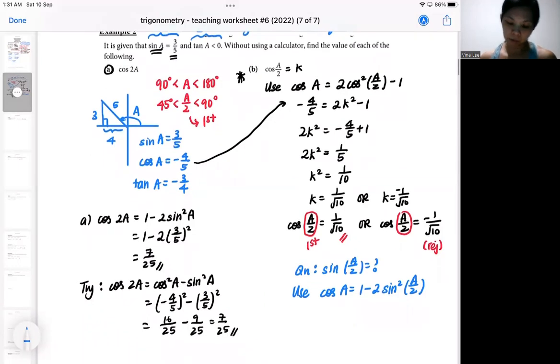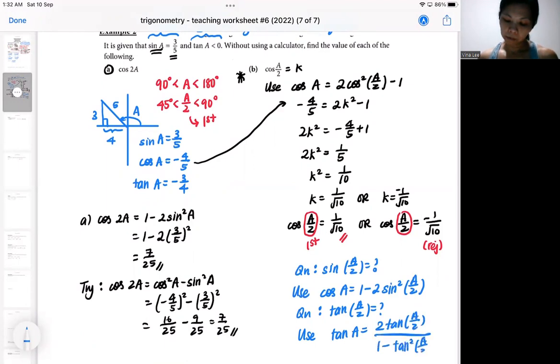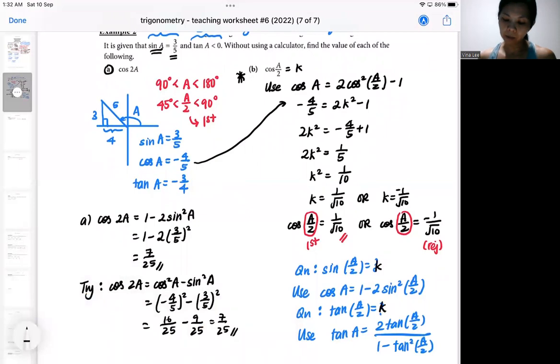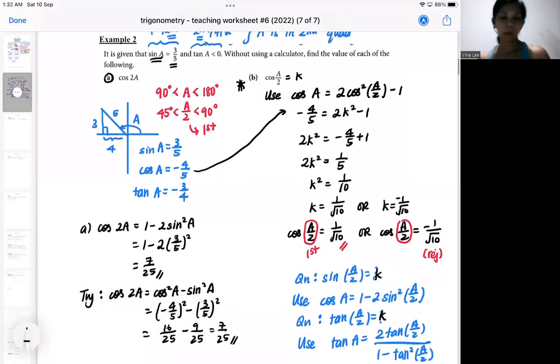If the question asks for tangent A/2, there will be some practice that you are asked to do this, so we will be using the other formula. The technique will still be the same. The one that you're supposed to find, you just assign it as K. You form the equation yourself. So that is one difficult part that you get used to. They can ask you for cosine A over 2, sine A over 2, or tangent A over 2.